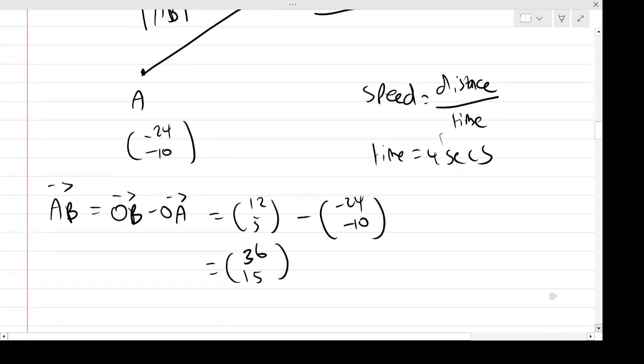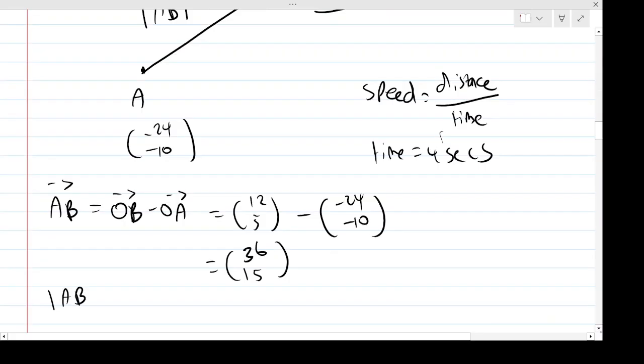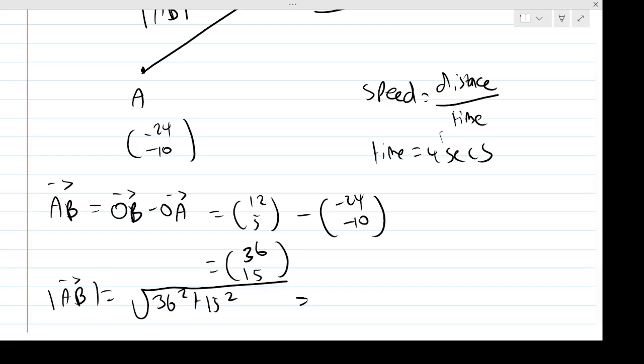So the magnitude of that, the length of AB, is going to be the root of the 2 parts. So 36 squared add 15 squared, and so that would be just 39. Cool.